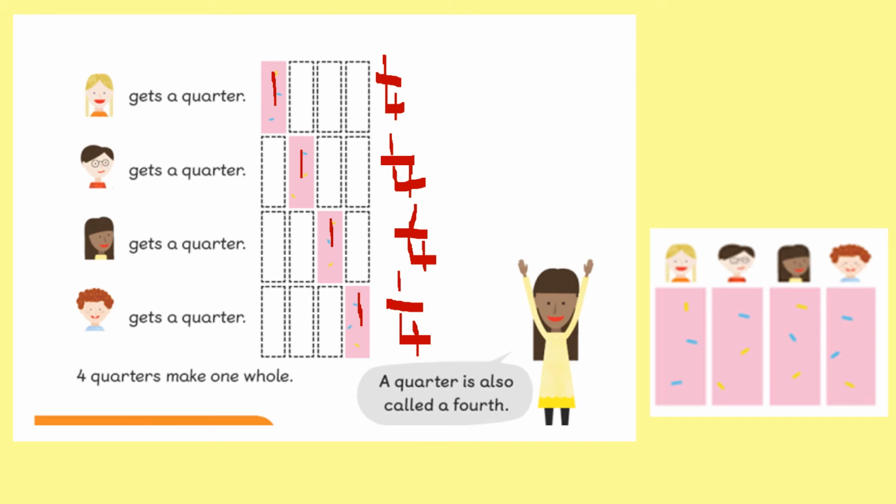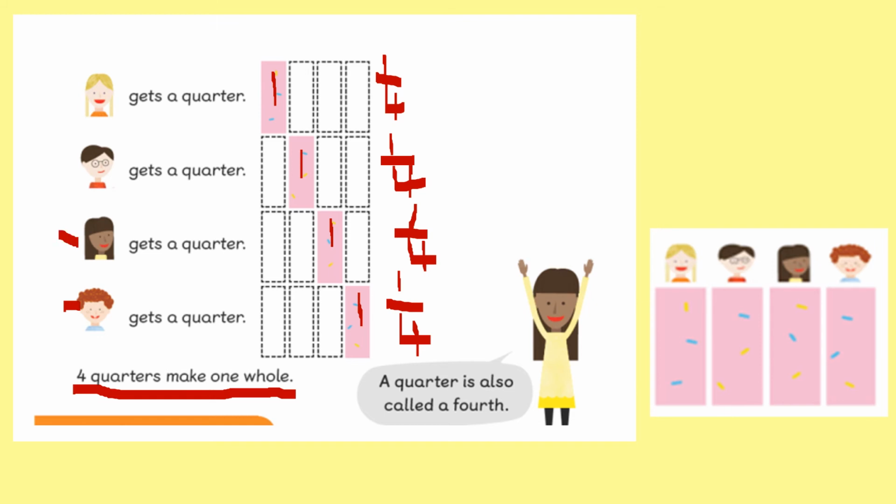Okay, so they've each got 1/4, and when we put those 4 quarters back together, it would make our cake. So 4 quarters makes 1 whole. Now we can also call a quarter a 4th, okay? Because we've cut it into 4 pieces. So this boy here has 1/4, or a 4th.